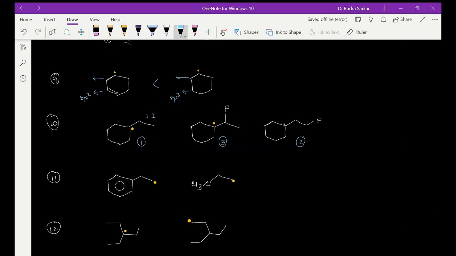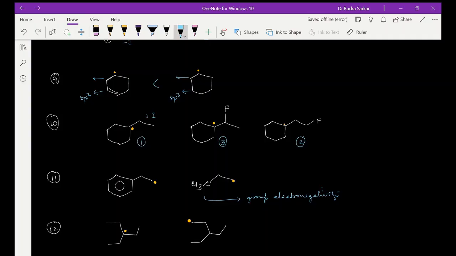Now among the CCl3 group and the phenyl group, the CCl3 is more electron withdrawing because of the presence of the chlorine attached to carbon, and this can rather be called group electronegativity.